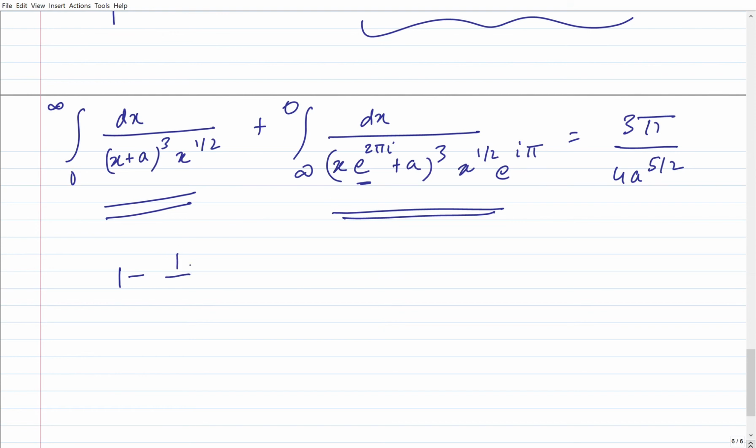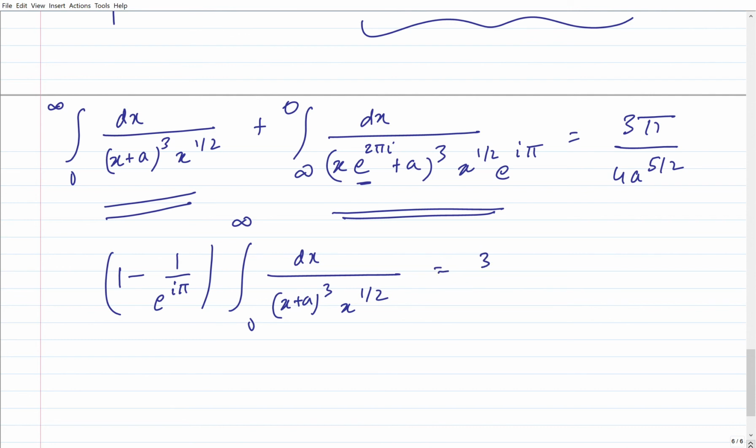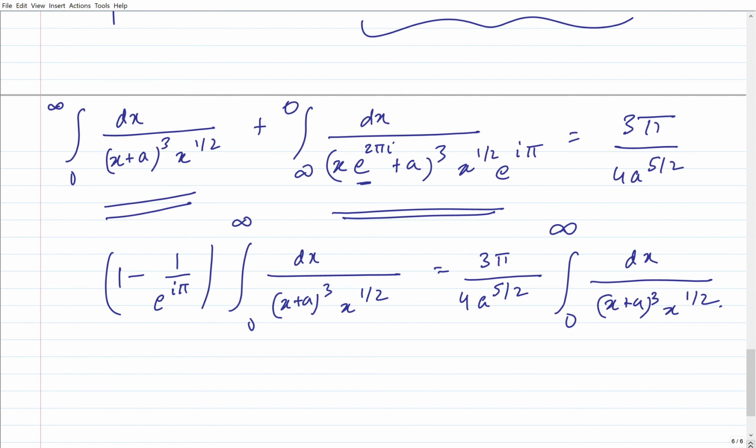So ultimately, when the algebra clears up, and so ultimately, when I finally evaluate the integral, so this integral will come out to be, when the smoke resolves, 8a to the power of 5 by 2.